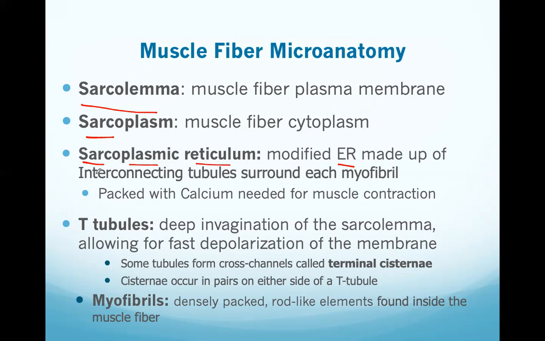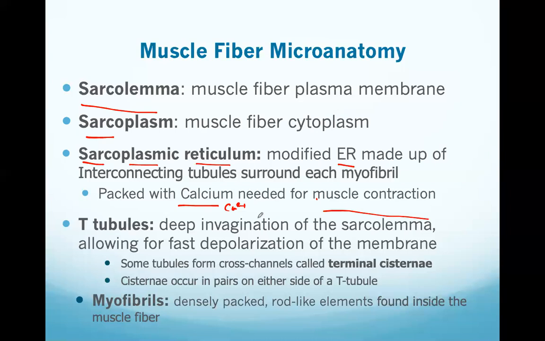Sarcoplasmic reticulum is extremely important because, first of all, it is packed with calcium, which is Ca2+. And this calcium is extremely important for muscle contraction. Without calcium, muscle cannot contract. Now, ER is basically a network of interconnecting tubes in this case.